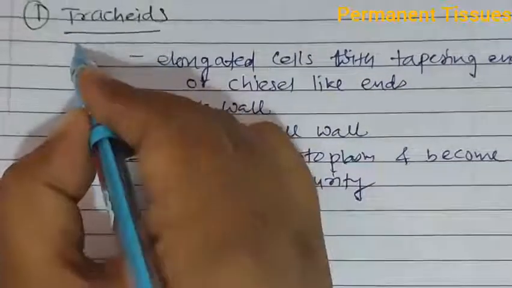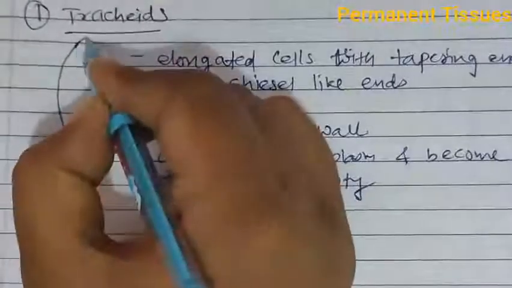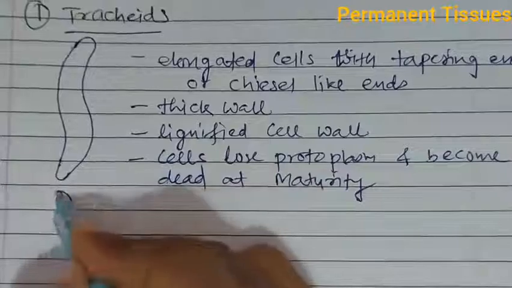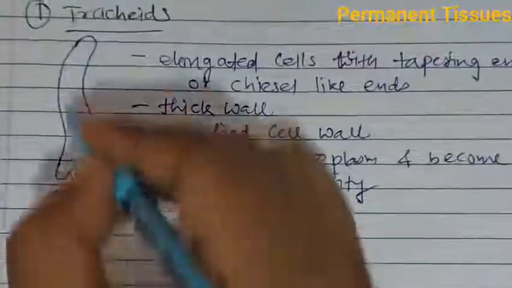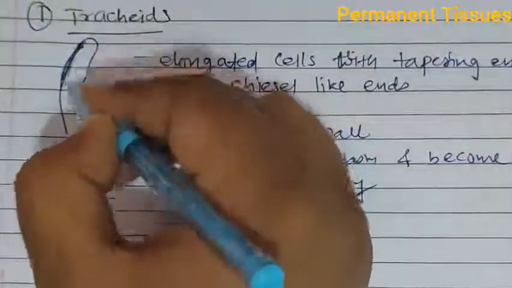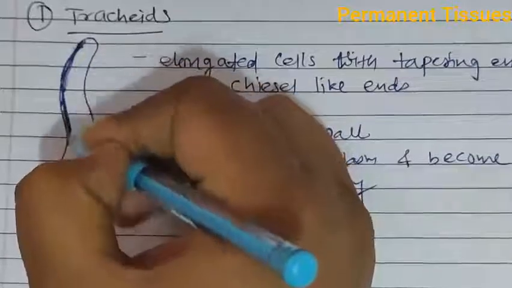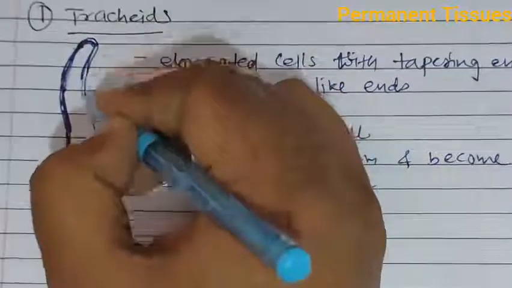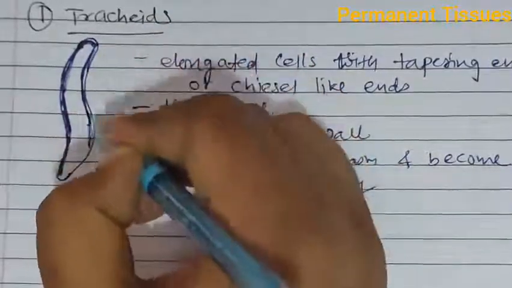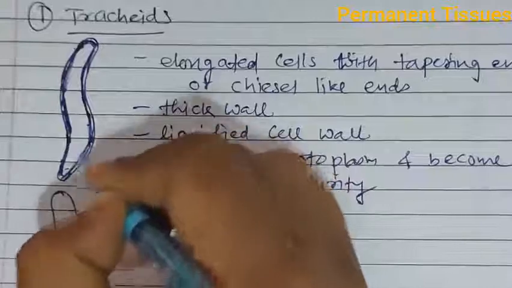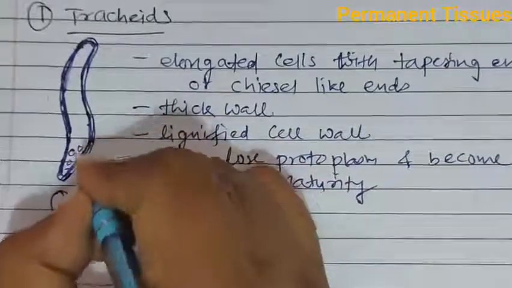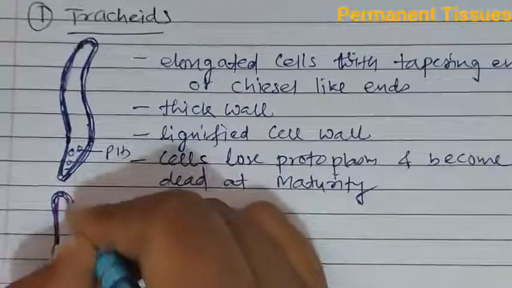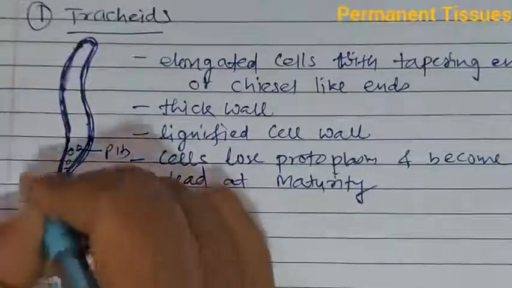Now if we talk about tracheids in the NCERT diagram, you can see these tracheids look like this, and another tracheid is arranged like this. They have a thick lignified cell wall, but they have some pits. Through these pits, the transfer of water occurs from the lower part to the upper part.